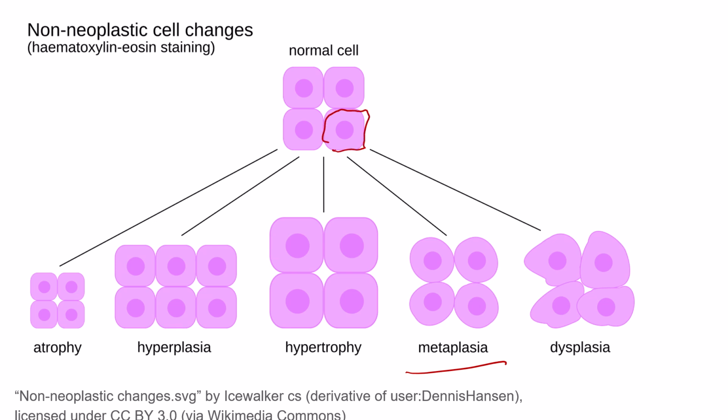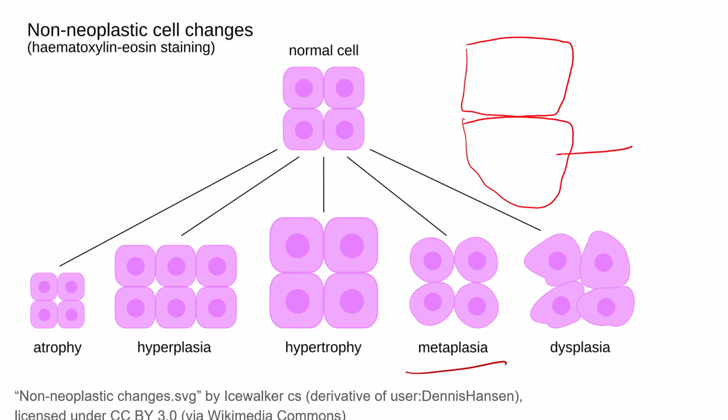See here how these cells are more square shaped, but these cells are round. And that is supposed to make you think of cells changing. I'll give you an example. Inside your lungs, there's a special type of cell that helps keep your lungs clean.